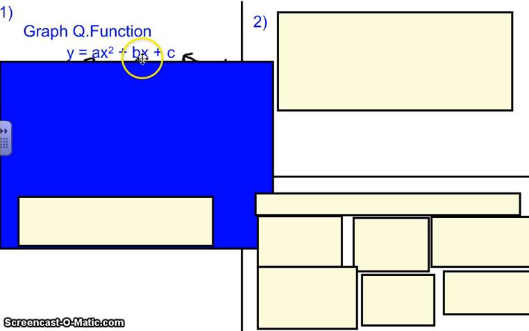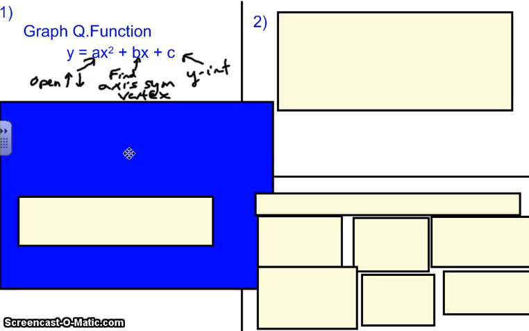And B can shift the parabola left and right. Also, B is used to find what important point? Vertex. The most important point, right? The vertex. Good. And we use B in the little equation x equals? Good, negative b over 2a. So there we have some info, and we'll come back later for those who weren't in the class yesterday.